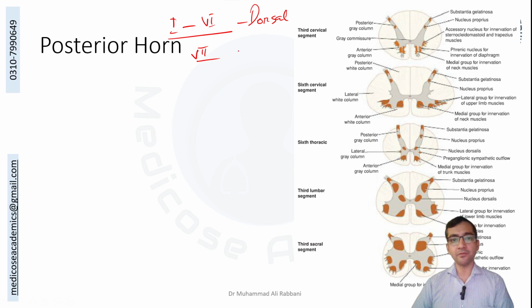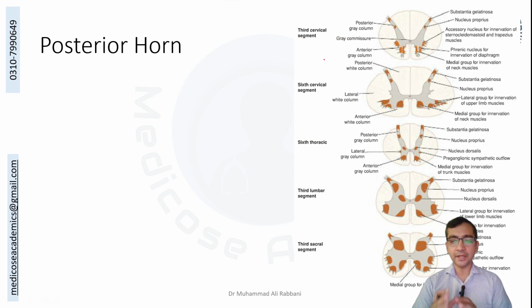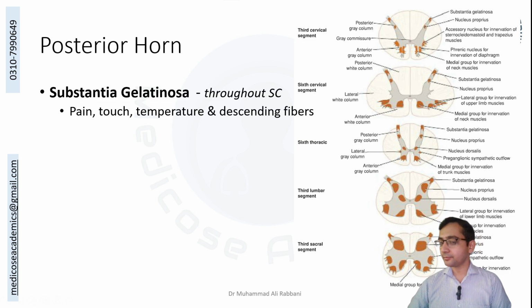The seventh is the intermediate zone, and it contains a lot of fibers from the sensory system, but it is the intermediate area between the posterior horn and the anterior horn. And 8 and 9 are present in the anterior-most aspect, and they contain the motor neurons that are present in the ventral root. So, given that, let us move on to the nuclei.